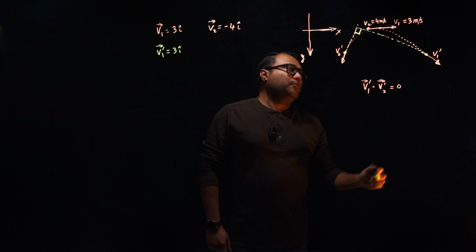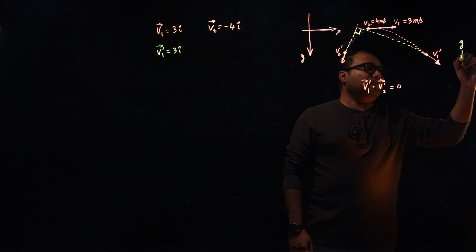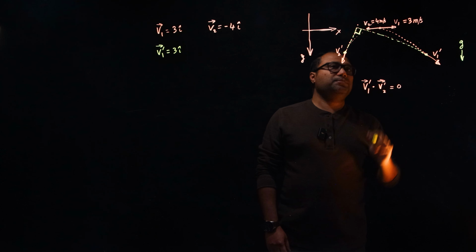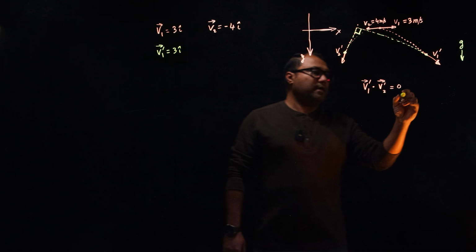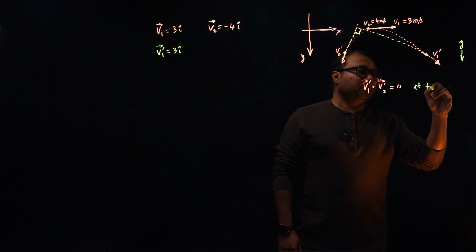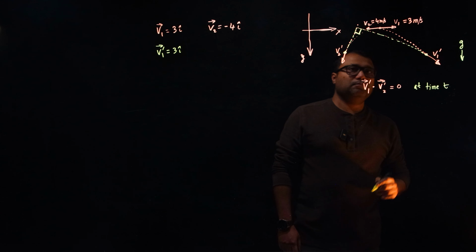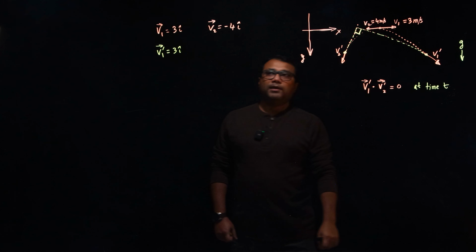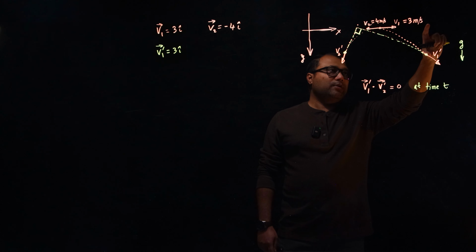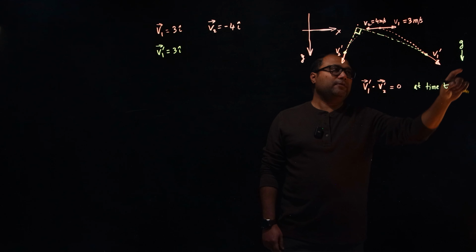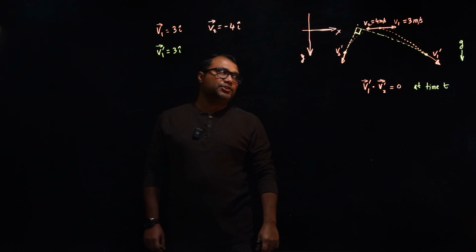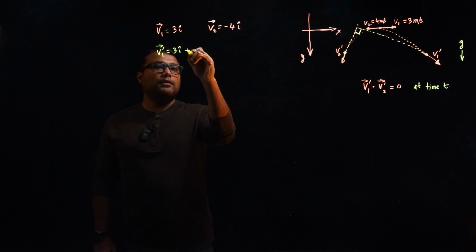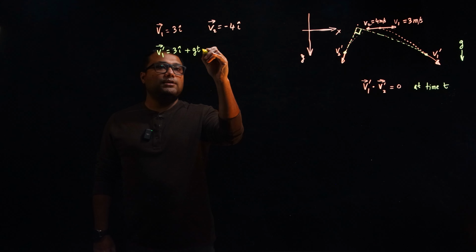In the y direction, however, there is acceleration in the downward direction, and let's say they reach this point at time t. Both these velocity vectors are perpendicular at time t. So what is the velocity gained in time t under a uniform acceleration of g? It is plus gt, so we can write gt j cap.